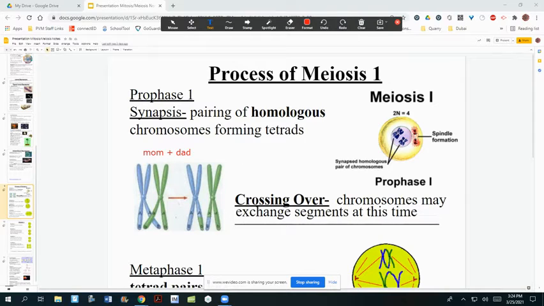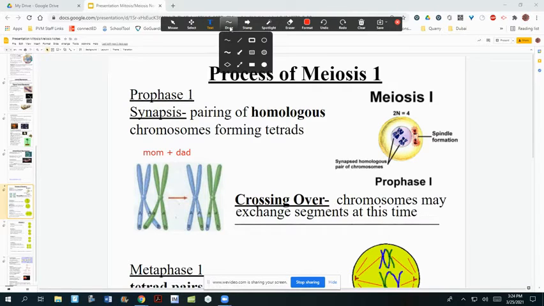All right, the blue and the green, they're going to match up together. And during this, there's a very unique process that occurs to increase the amount of variety in the offspring. This is called crossing over. Chromosomes can exchange and swap segments that are right near each other because the 2 chromosomes have the same type of information.